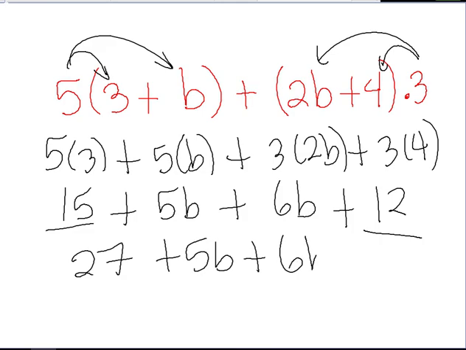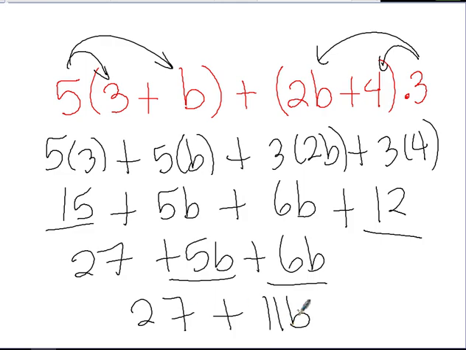Bring down the 6b. 5b and 6b are both b terms. They both end in b, so they're like terms. So I add 5 plus 6 and get 11. So it'll just be 27 plus 11b. 27 and 11b are still not like terms, so I can't combine them. That means that I'm done.